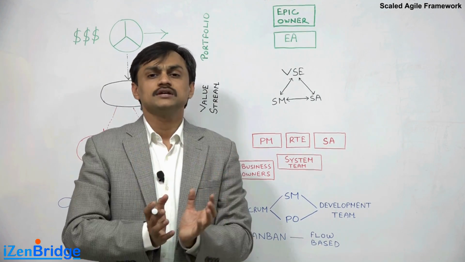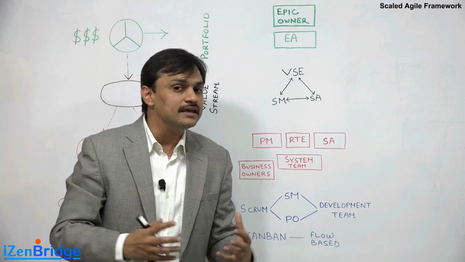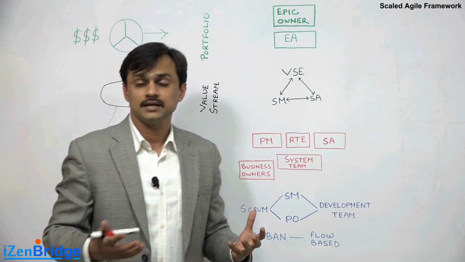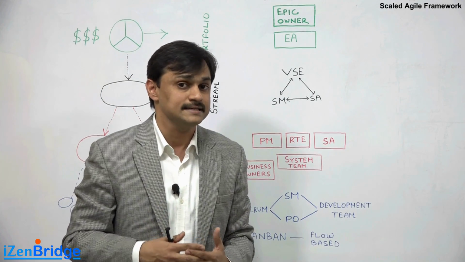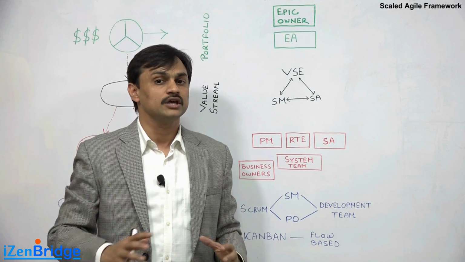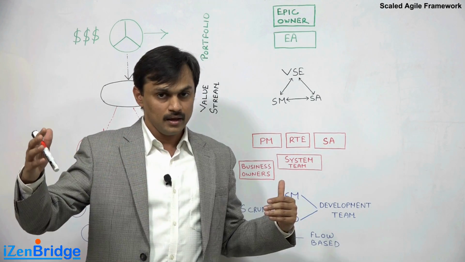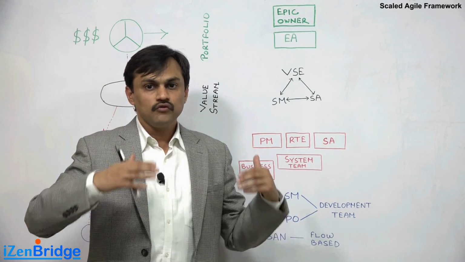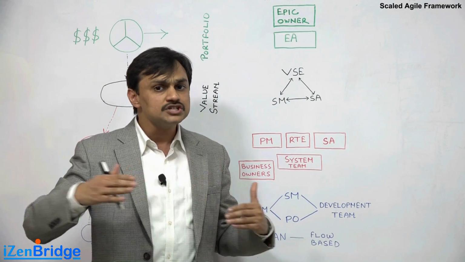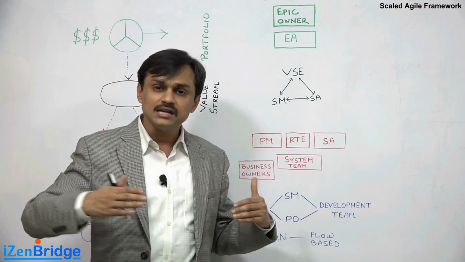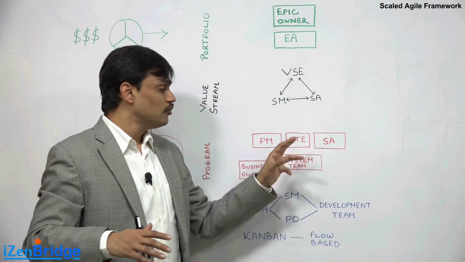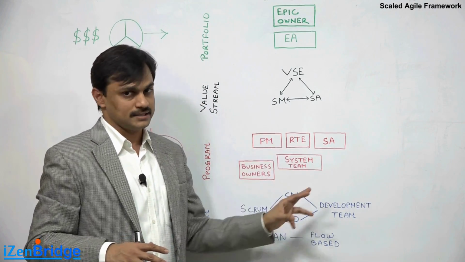Now, when we have smaller teams, they can keep thinking about architecture and design, and in Agile we have a principle which says the best architecture and design emerge from self-organizing teams. But when we have more than 6-7 teams working on a common system, there may be a need for aligning their architectural work. In order to bring architectural alignment and provide architectural level guidelines, in Scaled Agile Framework at the program level, we have a role called system architect.